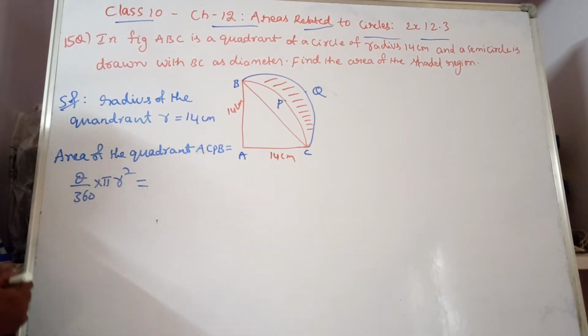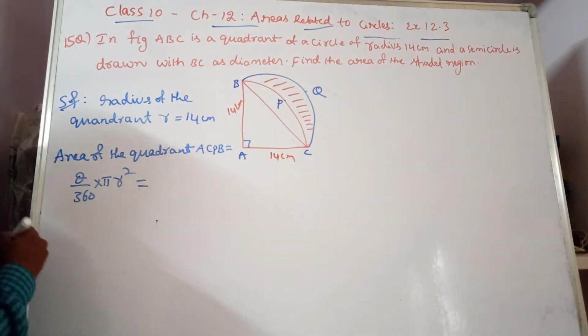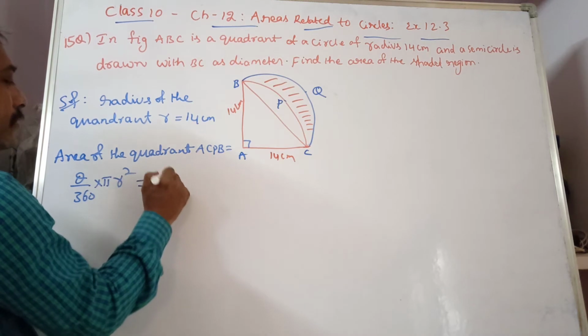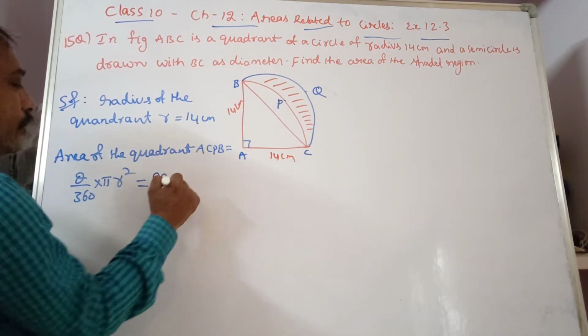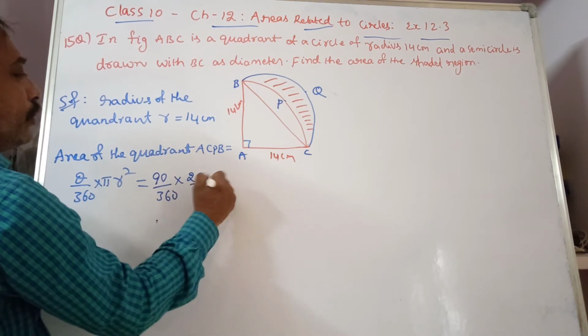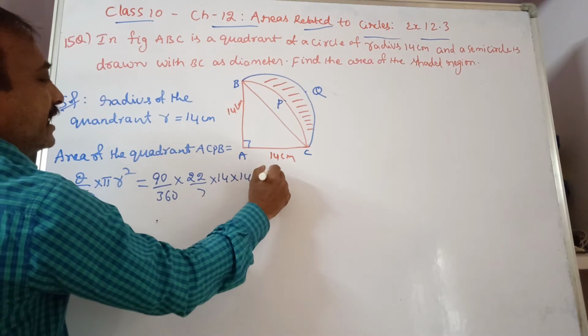What is the theta value? It is a quadrant, which means the angle will be 90 degrees. So 90 by 360 into pi value 22 by 7 into radius 14 into 14 centimeter square.